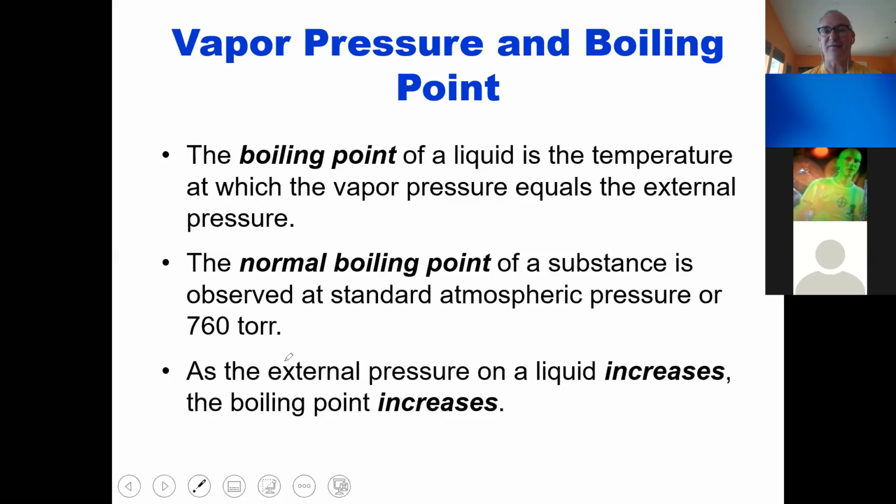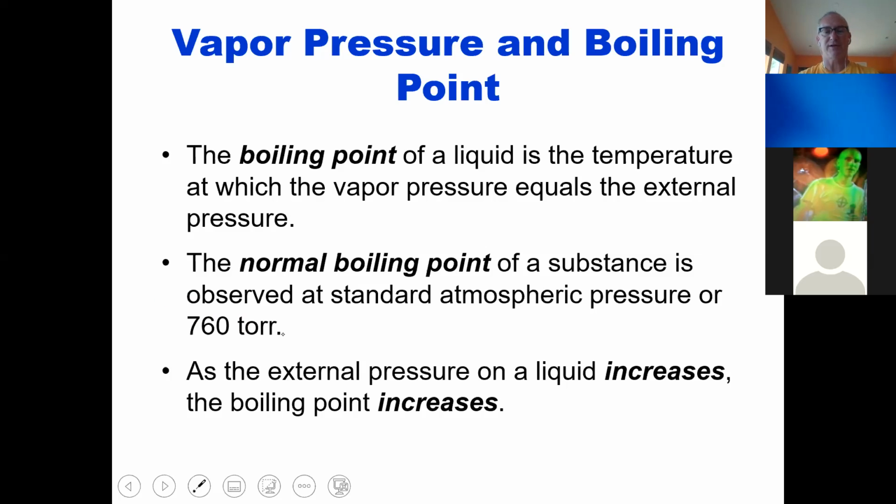The boiling point of water in Death Valley is higher than 100, I think around 101 or 102 degrees. Below sea level, the atmospheric pressure is a little bit greater than it is at sea level. So the normal boiling point is basically whatever is observed at standard atmospheric pressure.